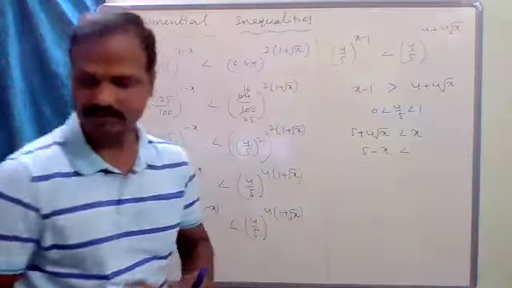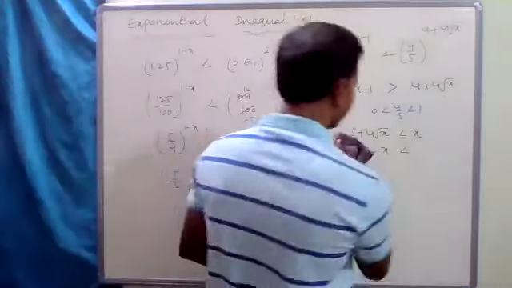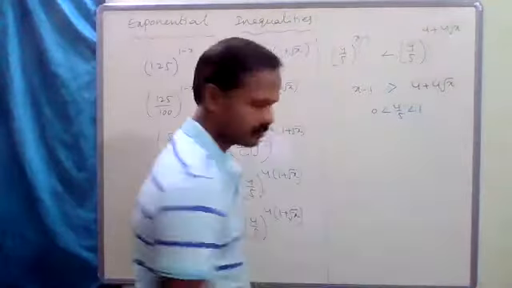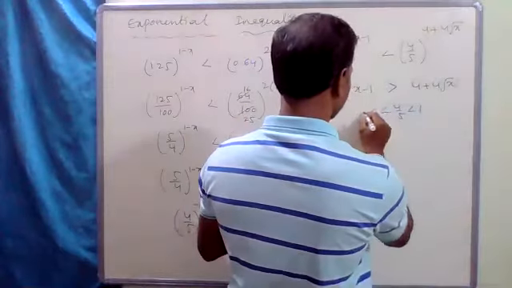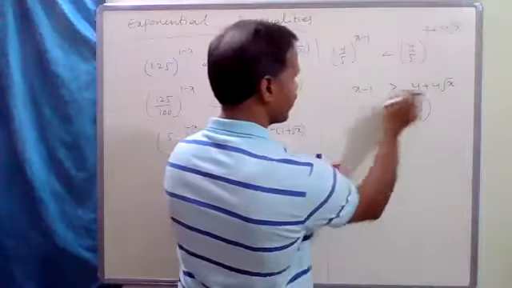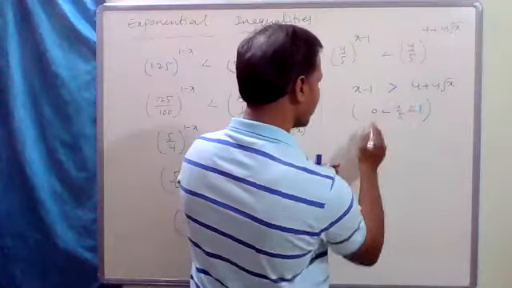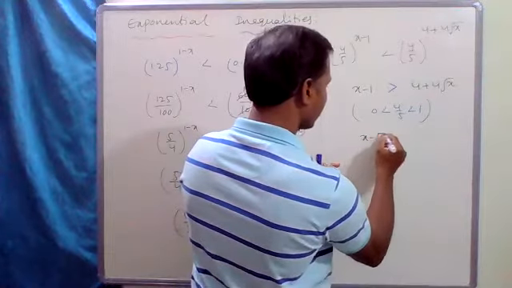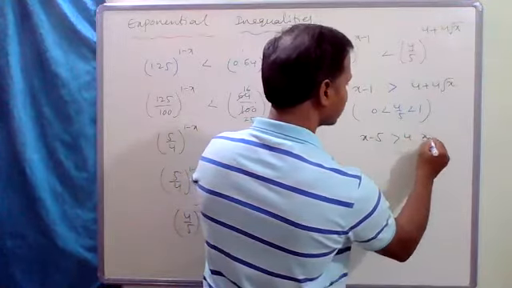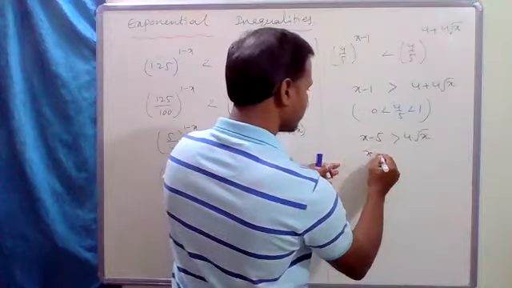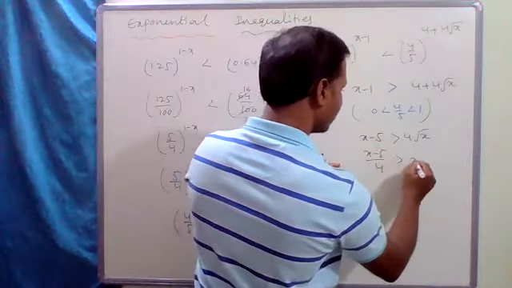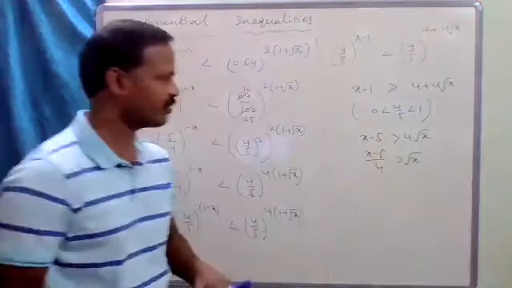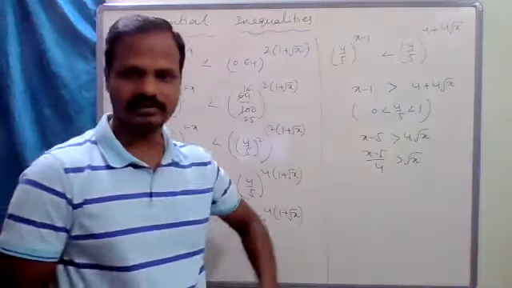So don't be confused, don't write more steps, you will write simply. So this is x minus 5, x minus 5 is greater than 4 root x. So that is x minus 5 by 4 is greater than root x.